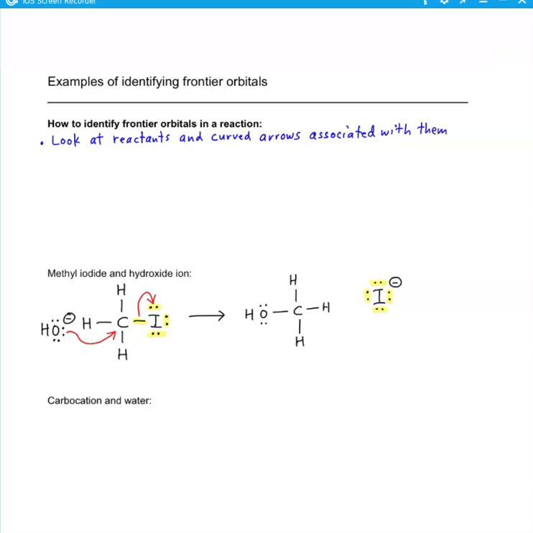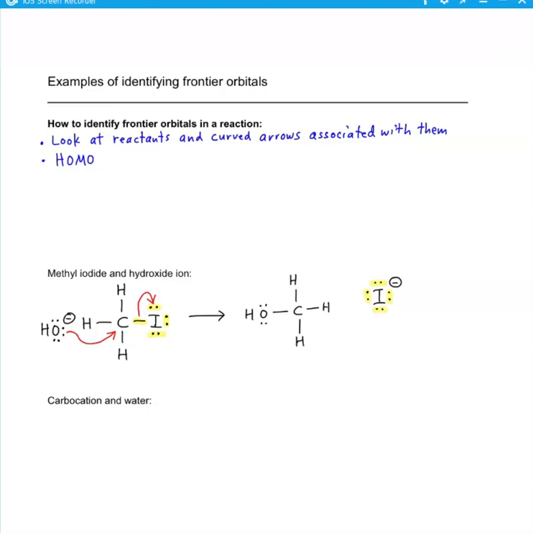Most chemicals have both a HOMO and a LUMO, but in any given reaction, they're not using both of them. They'll either use the HOMO or the LUMO. So we need to figure out who's using which, and then what is the exact nature of the orbital? What's the exact label of the orbital?